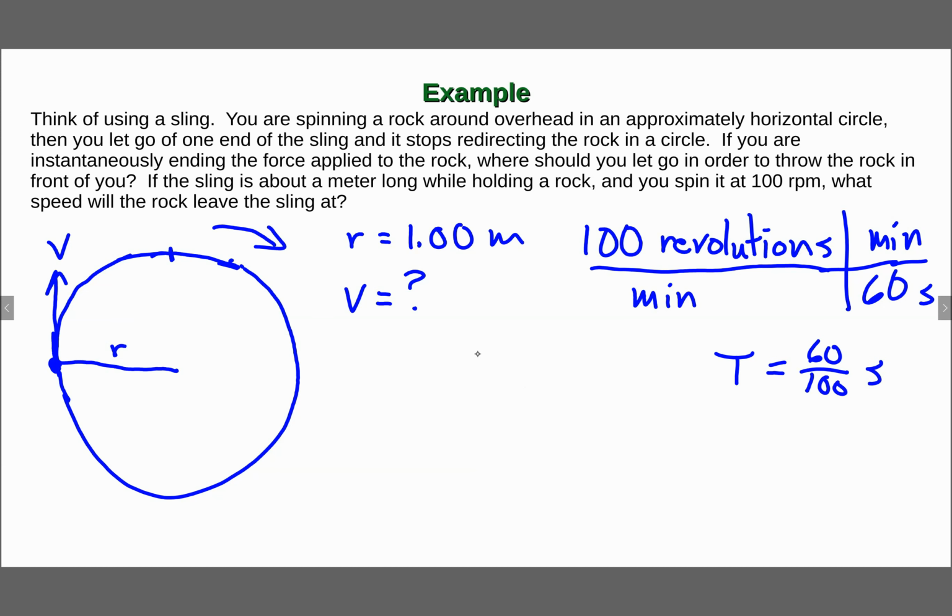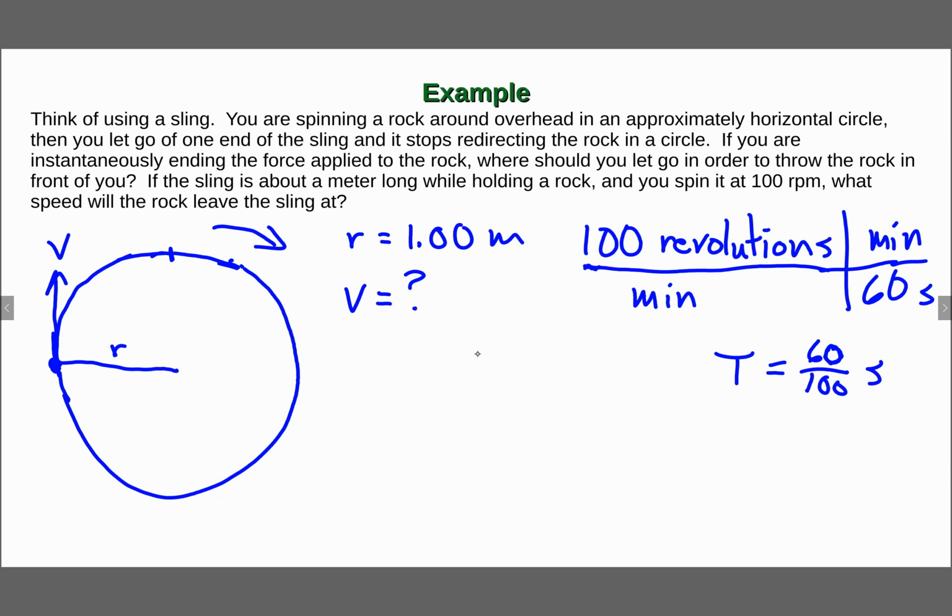When I multiply this, I'll get the RPM. Okay? So this is the time for 1 revolution. And then if I take 100 times this time, I'll have 60 seconds, right? And that'll give me the number of revolutions per 60 seconds or per minute. Okay.